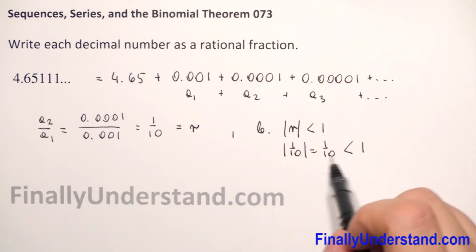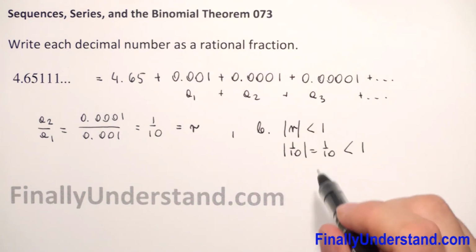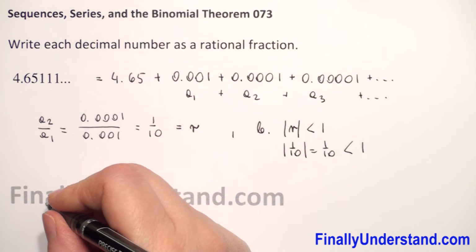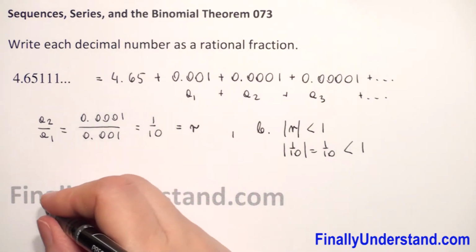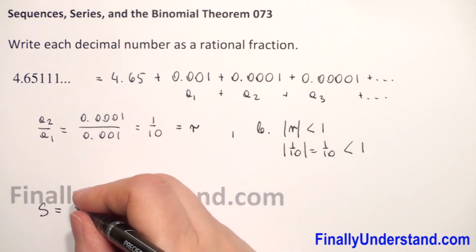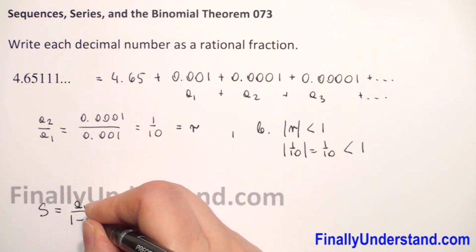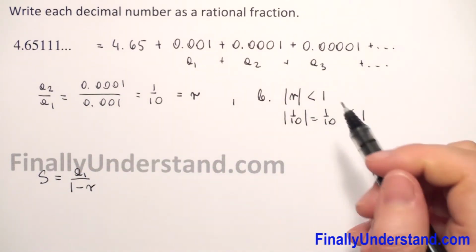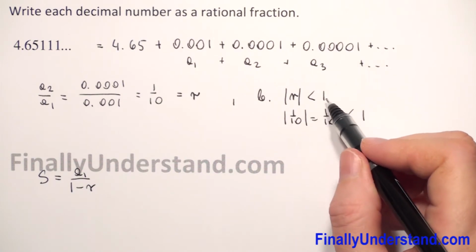So we have here the series convergent. When the series is convergent, we can calculate the sum from the formula that S is equal to A1 over 1 minus R. We can do this only when the absolute value of R is less than 1.